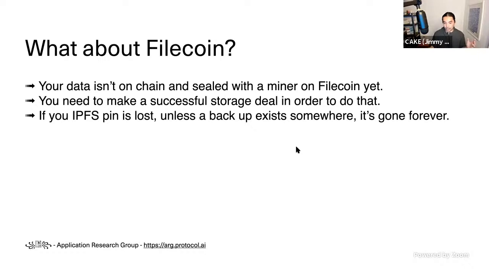In the future, when there's no network congestion and fewer network issues, you should be able to pin content really quickly. To get stuff on Filecoin, you actually have to make sure that you have a successful storage deal. So what I'm going to get into next is more about that aspect: if you're pinning content to IPFS and you're wondering how to actually get this to work with Filecoin, that's what this next part of the talk will be about.